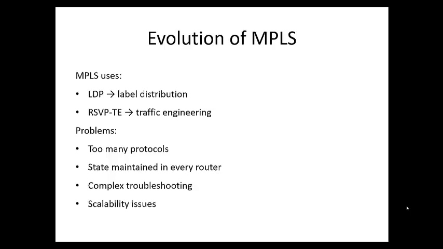So every router needs to maintain that label state: incoming, local, outgoing. We have seen that in the binding table. So the MPLS LDP binding will have upstream label, local label, and downstream label. The state is maintained in every router.